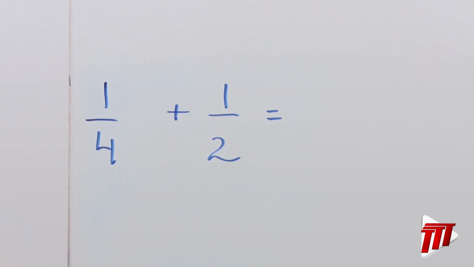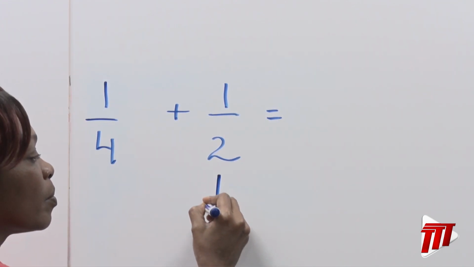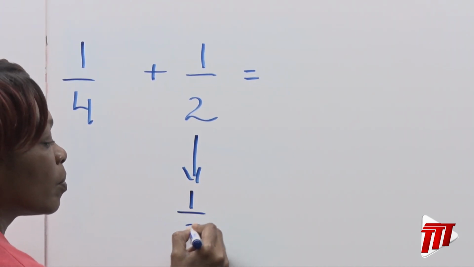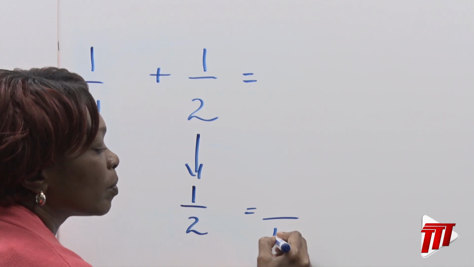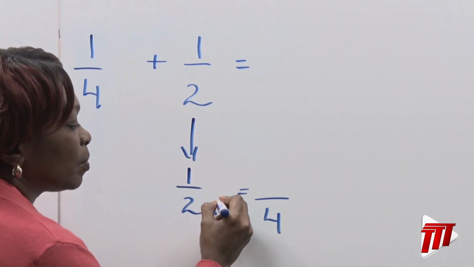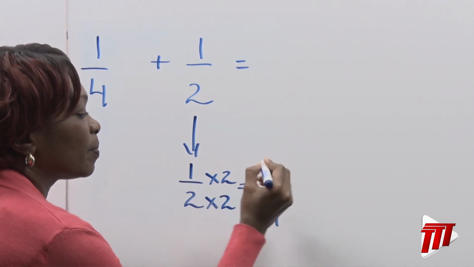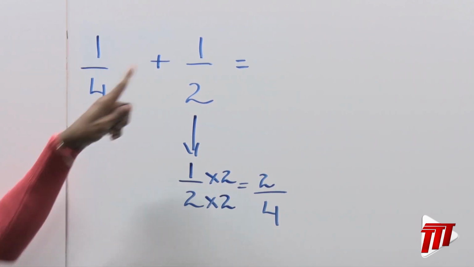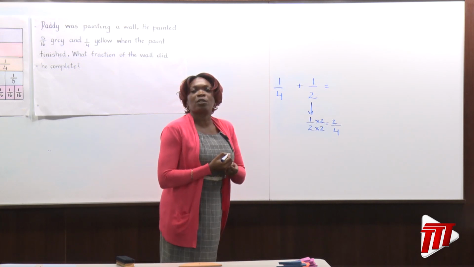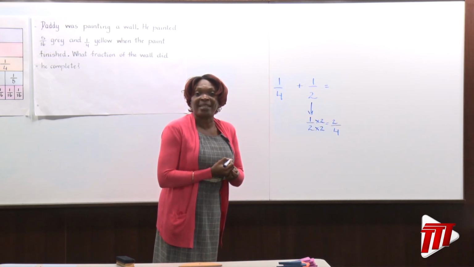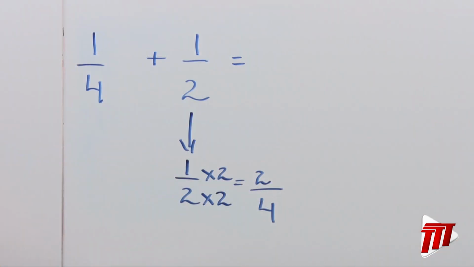Let's try it. Remember what to do? So 1/2 is equal to 2/4. This 1/4 remains the same because he already has that denominator.